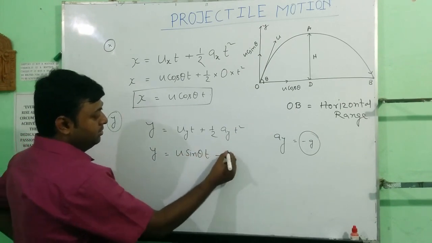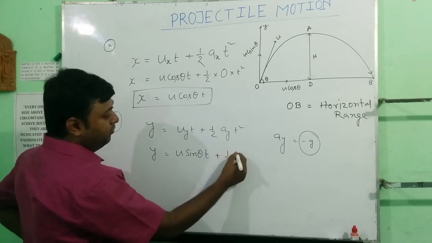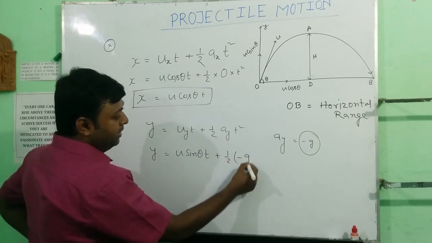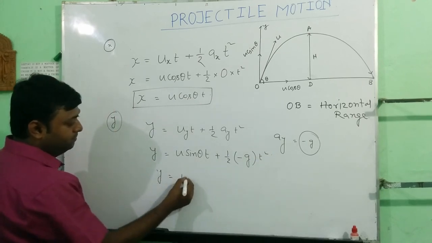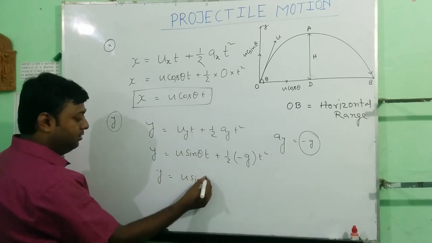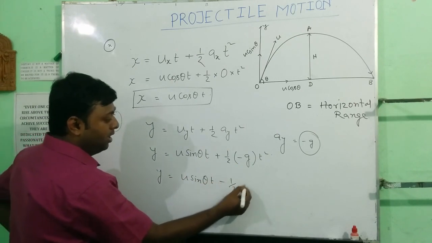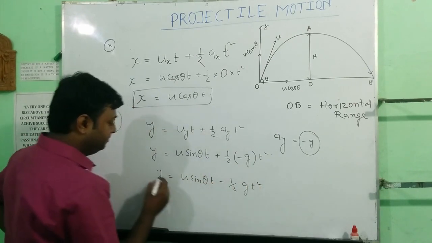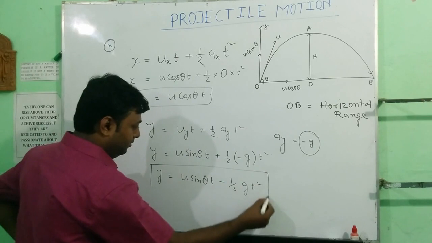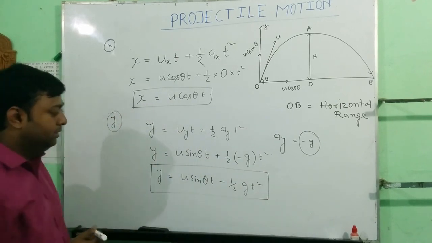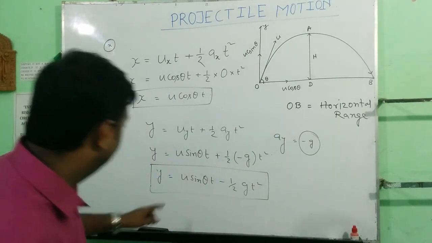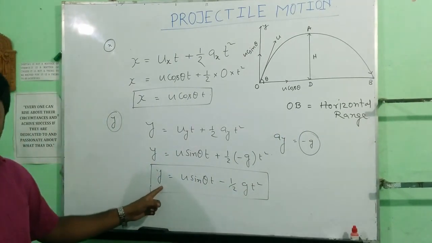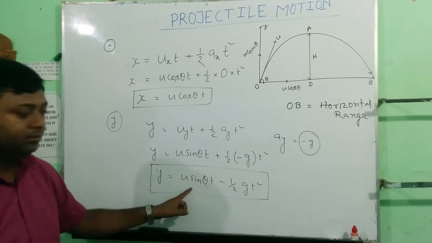With ay equal to minus g, y equals u sin theta t minus half g t square. That is the displacement along the y direction after time t.